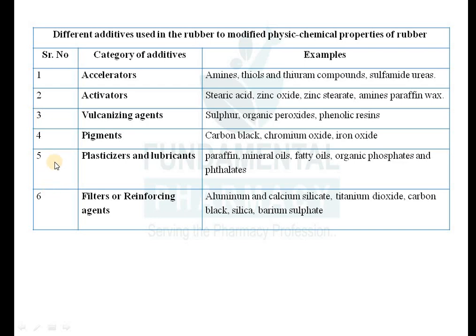So here are the categories of additives: accelerators, activators, vulcanizing agents, pigments, plasticizers and lubricants, then fillers and reinforcing agents. So these are the additives used in the rubber. What is the role of an accelerator? Accelerators are those compounds which increase the rate of vulcanization.